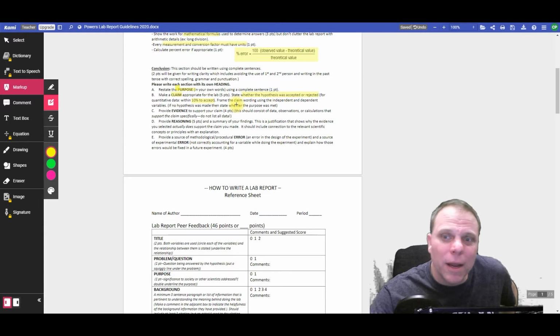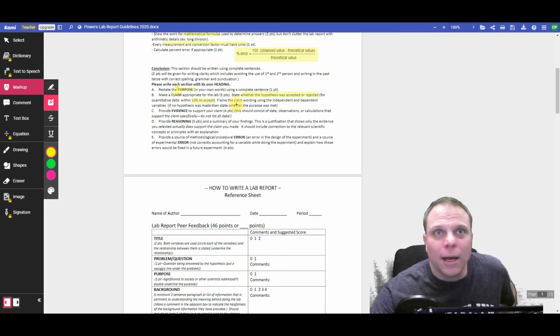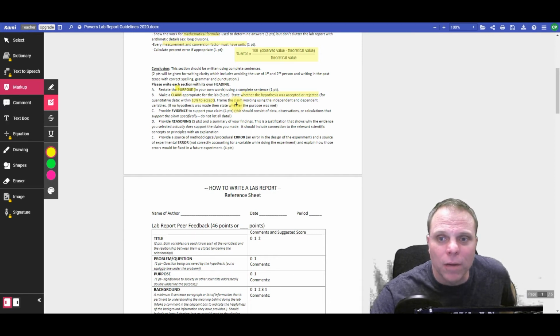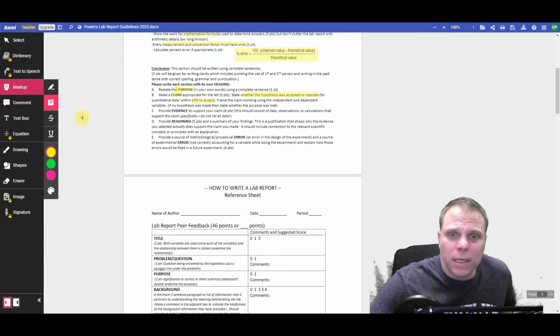Make sure that you frame your wording using the independent and dependent variables. Okay, so the mass was blah blah blah. Talk about the variables in terms of what their actual values are. And if you did not have a hypothesis, then talk about whether or not you met your purpose and or your problem. All right, then our next one is evidence.